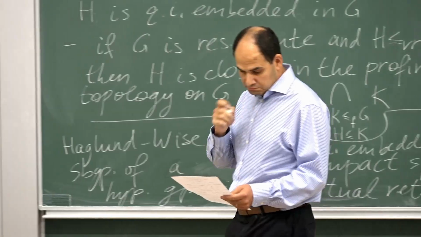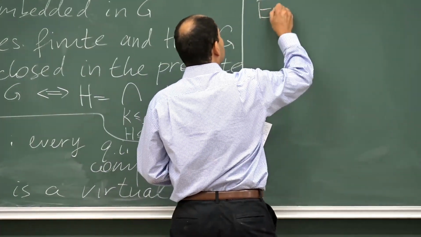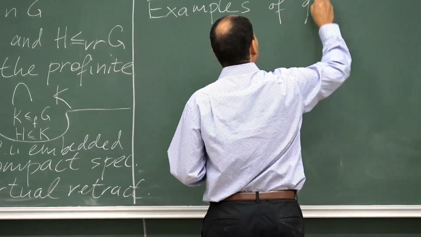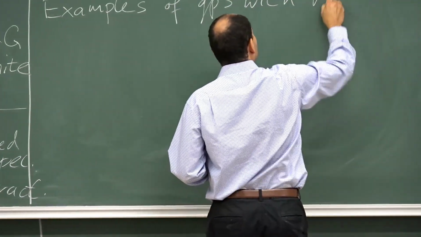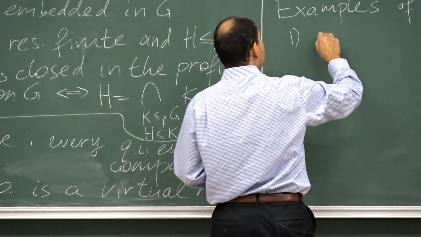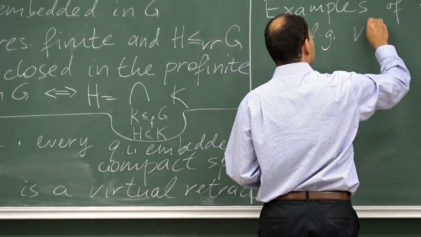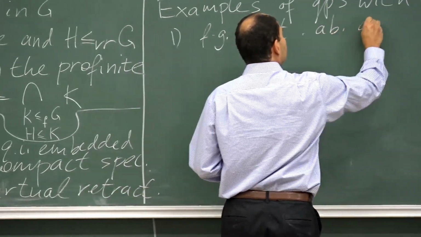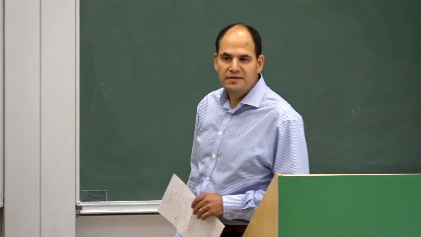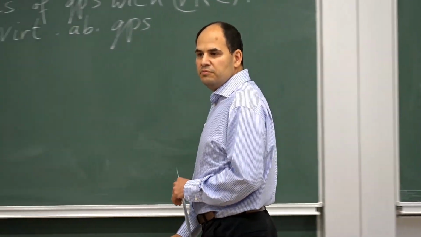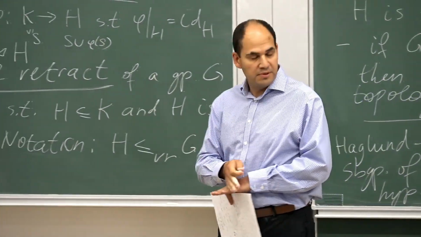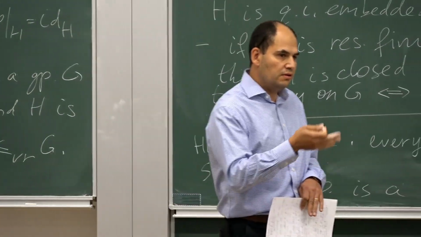So, for instance, examples. Actually the most important examples are finitely generated virtually abelian groups. Maybe the most basic examples. This is actually non-trivial, I would say. It's easy to see that the free abelian group is a virtual retract, because if you take any cyclic subgroup in the free abelian group, well, it's normal.